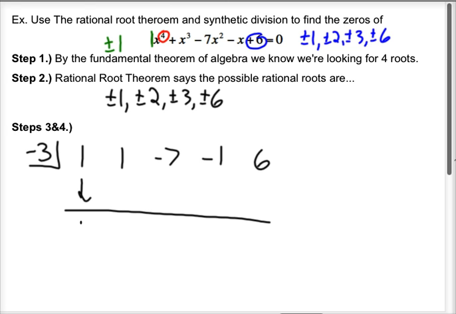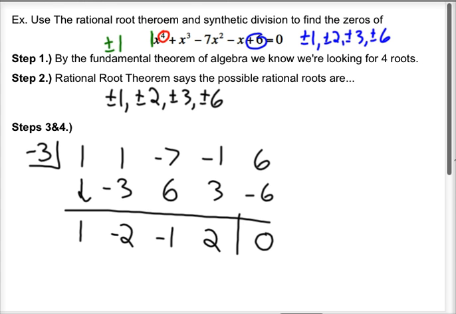So, bring down the 1, multiply by negative 3. Add, multiply by negative 3. Add, multiply by negative 3. Add, multiply by -3, and add. So you can see it did turn out to be a true root.